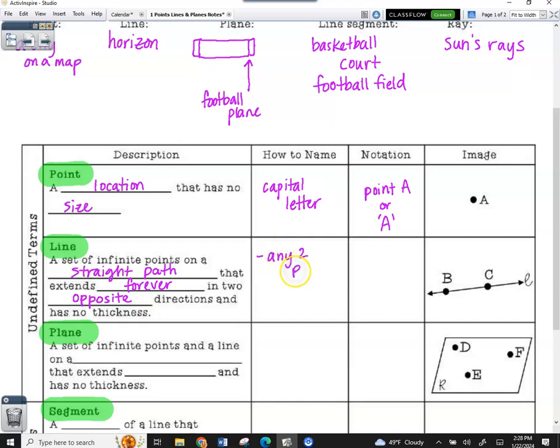Any two points that are on the line. You need two. It only takes two to make a line. Or, and this one's rare, but it does come up sometimes, so we're going to write it, a lowercase cursive letter.